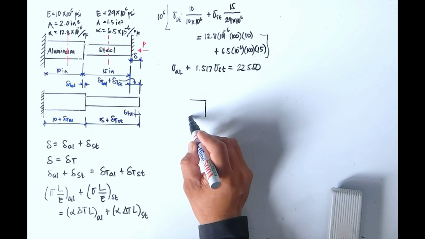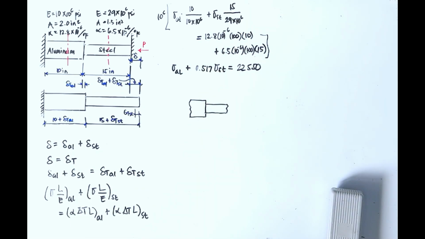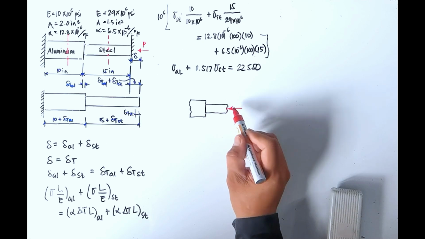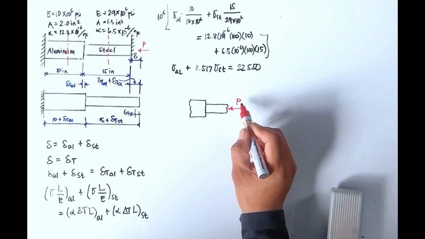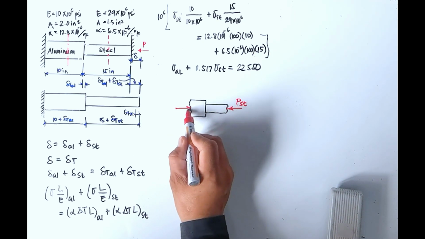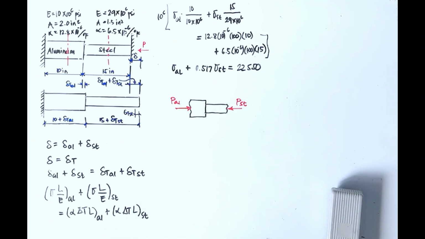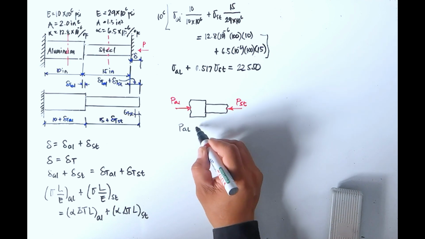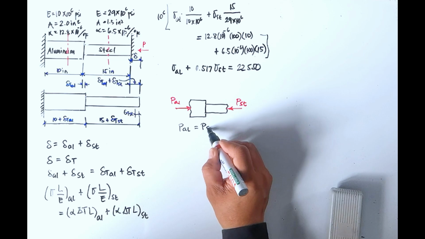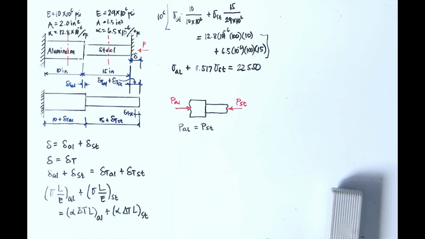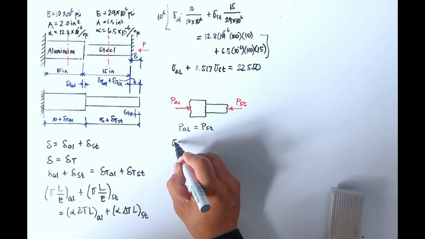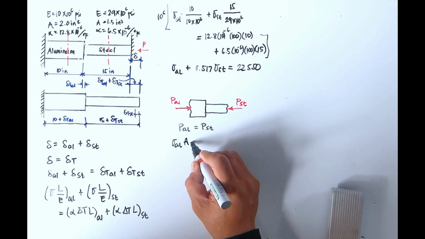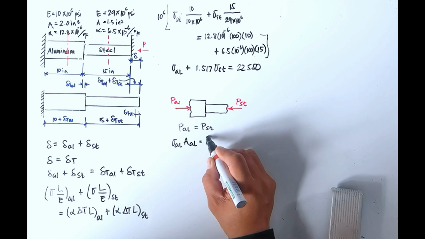Because there are no external forces, we only have the internal force for the steel, and here is the internal force of the aluminum. It's obvious that the internal force for aluminum is the same as the internal force for the steel. Or this is the stress in aluminum times the area equals the stress in steel times the area.